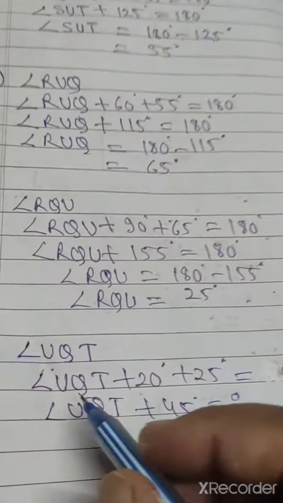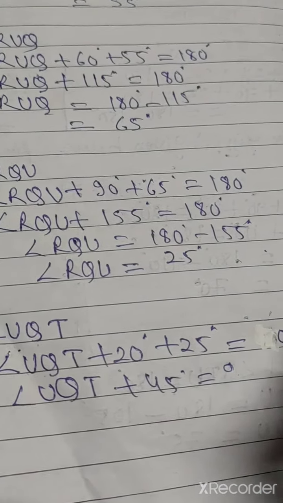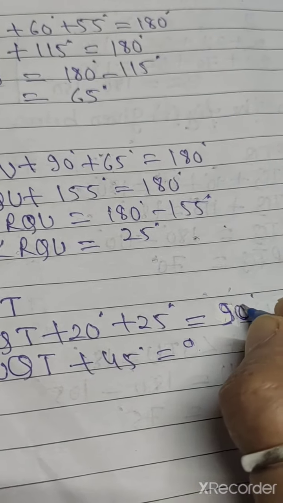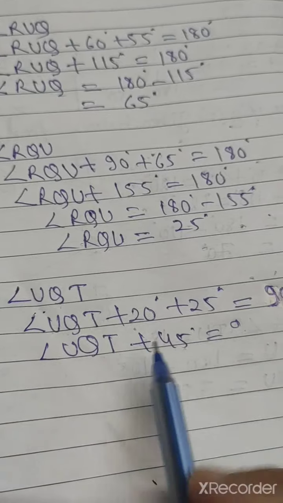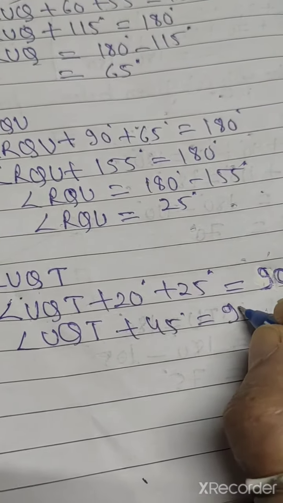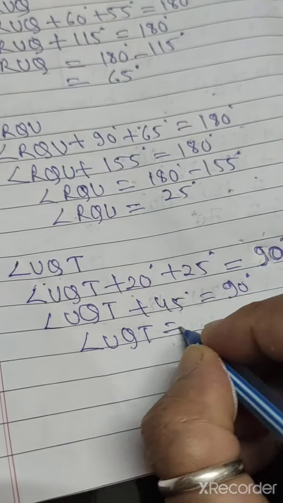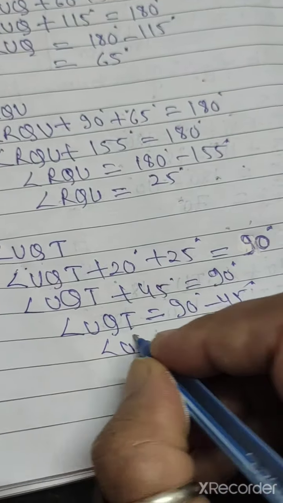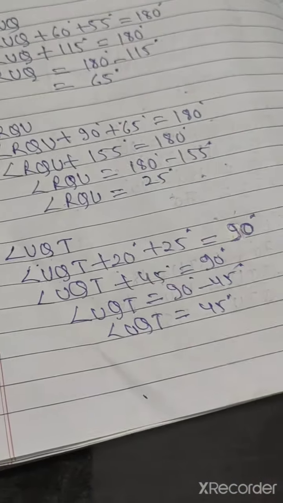So angle UQT plus 20 degree plus 25 degree is equal to 90 degree. So UQT plus 25 plus 20, 45, is equal to 90 degree, and angle UQT is equal to 90 degree minus 45 degree. So angle UQT is equal to 45 degree.